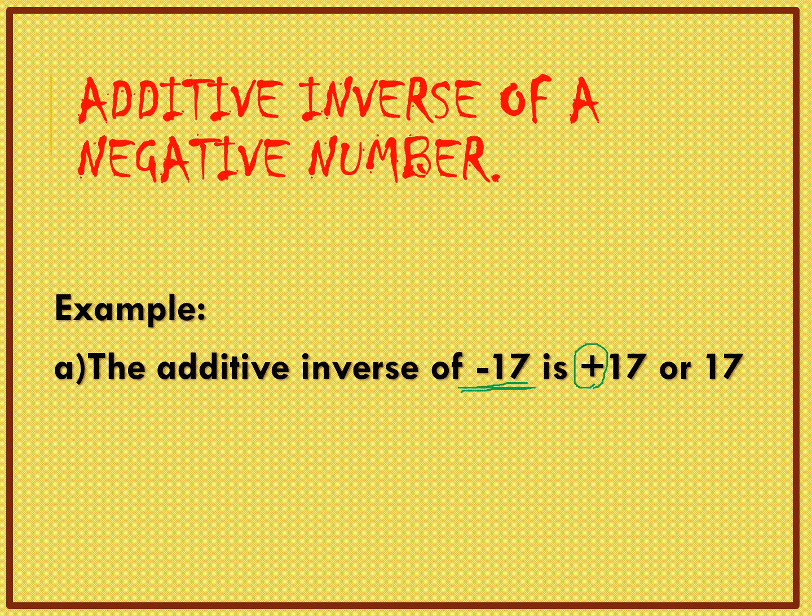The opposite of addition is subtraction and the opposite of subtraction is addition. So if you want to find out the additive inverse of a positive number, in the answer the sign will be negative. And if you want to find out the additive inverse of a negative number, then in the answer the sign will be positive.